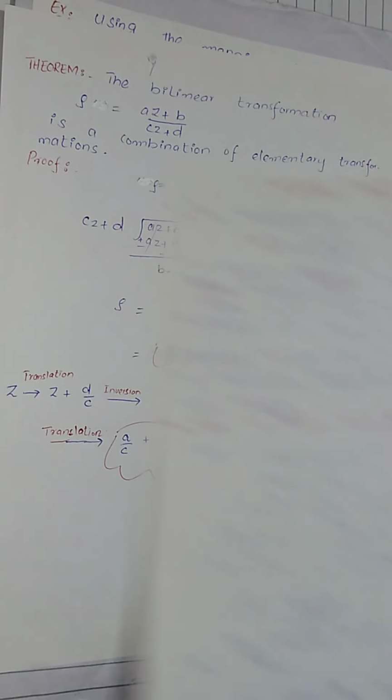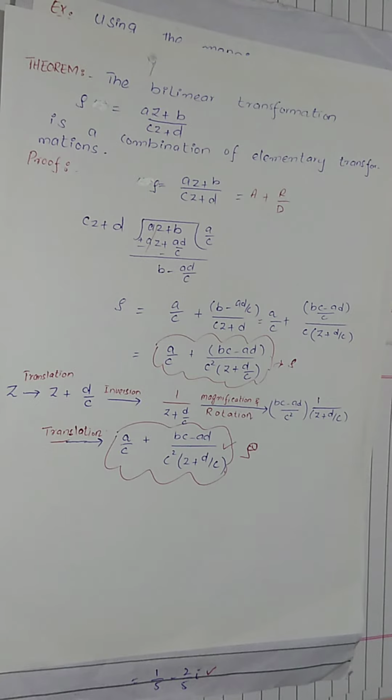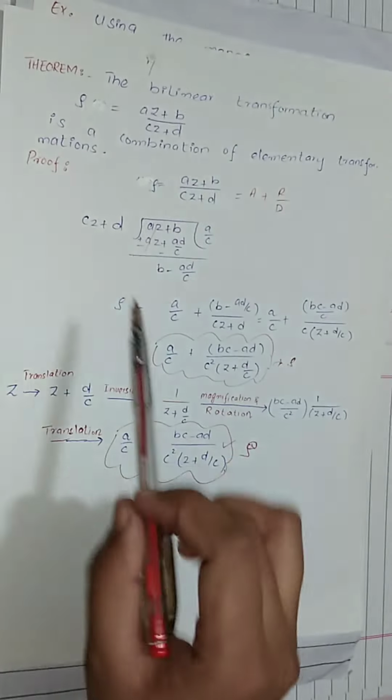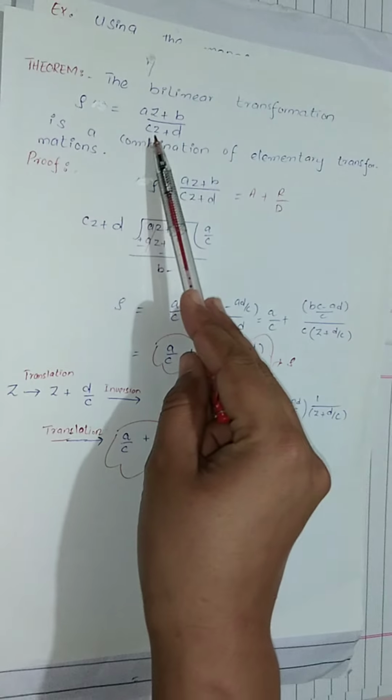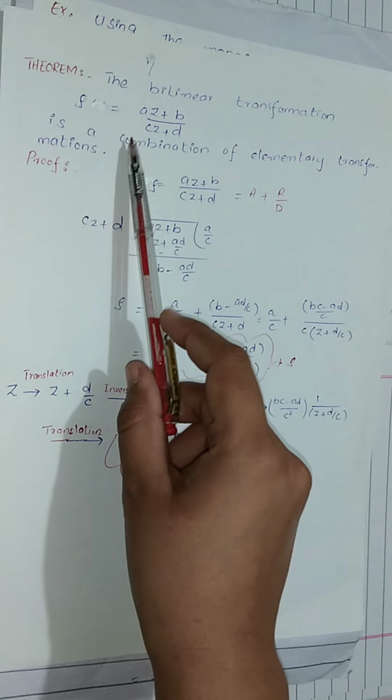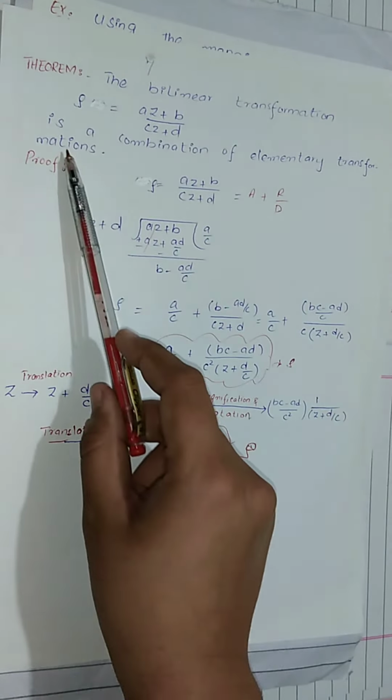Now we will see the proof of bilinear transformation. The bilinear transformation sigma is equal to (AZ plus B) over (CZ plus D) is a combination of elementary transformations.